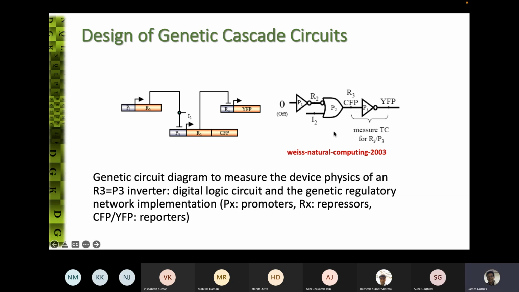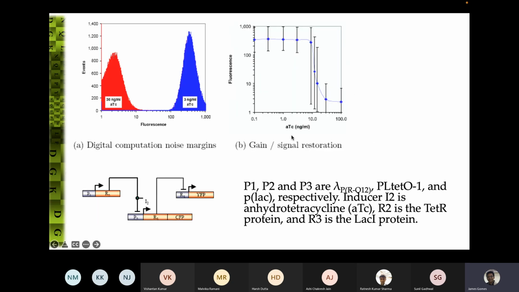So here you have an inverter, here you have a NAND gate. That means if not A, not I2 will give you the signal, right? So together, this is not an AND signal. The truth table we can look at later when we come to that chapter.